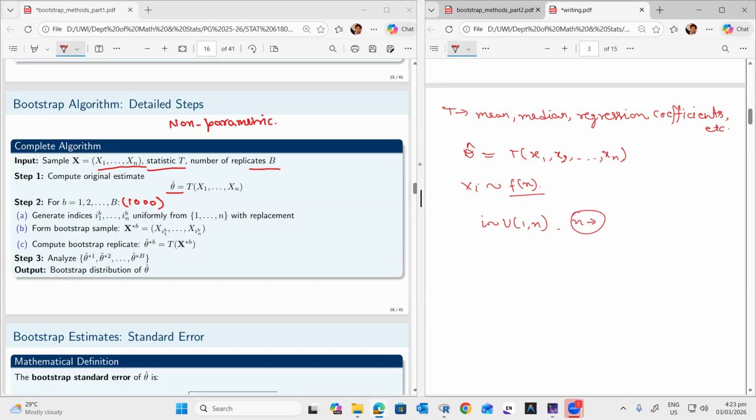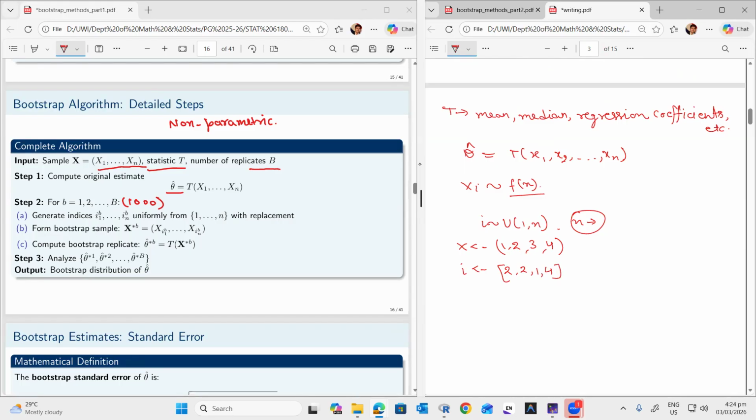At that time, it will give us indices like this. Suppose I have the data x with positions 1, 2, 3, and 4. This is my data set. I need to generate the index I that gives the position, like 2, 2, 1, 4.